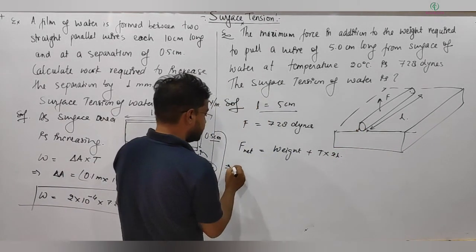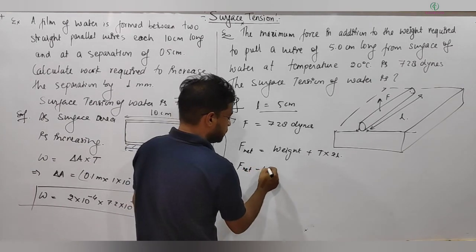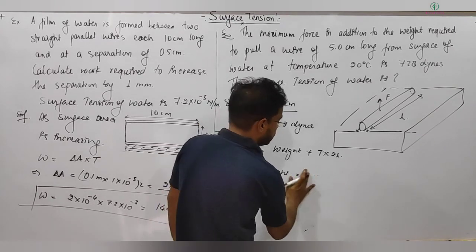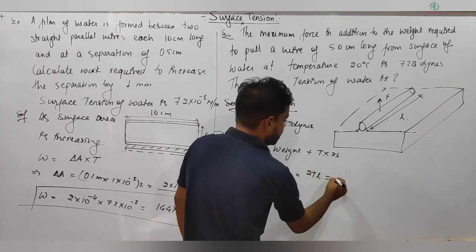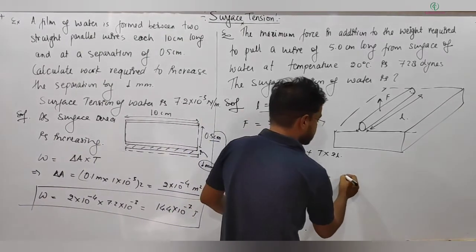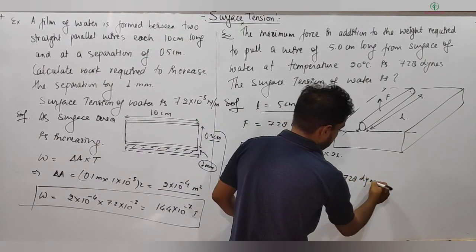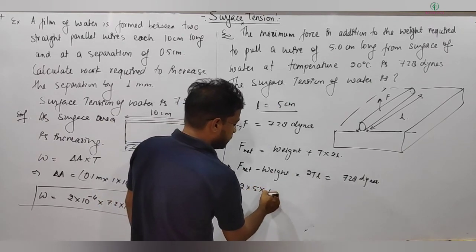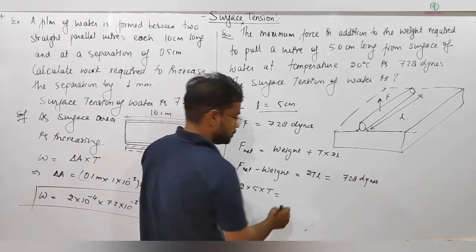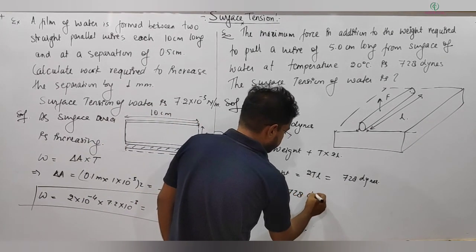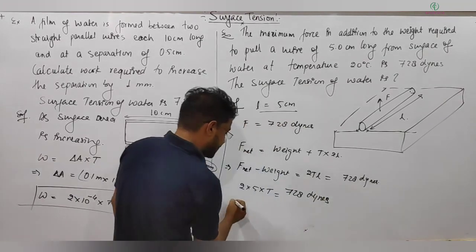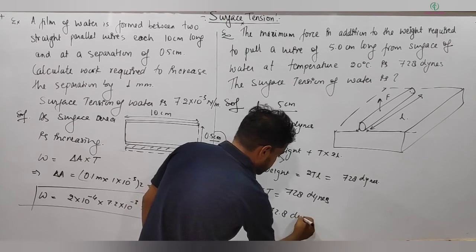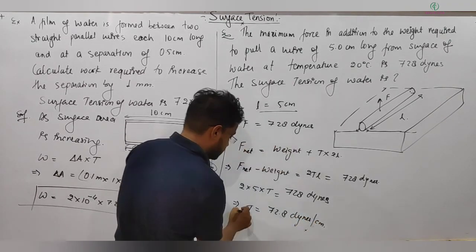It's given that F net minus weight can be written as T into 2 into L, or 2TL, and beside weight this is given as 728 dynes. So I can write 2 into L, which is 5 centimeter, multiplied by T, surface tension in CGS unit, is 728 dynes, and this implies T is coming out to be 72.8 dynes per centimeter.